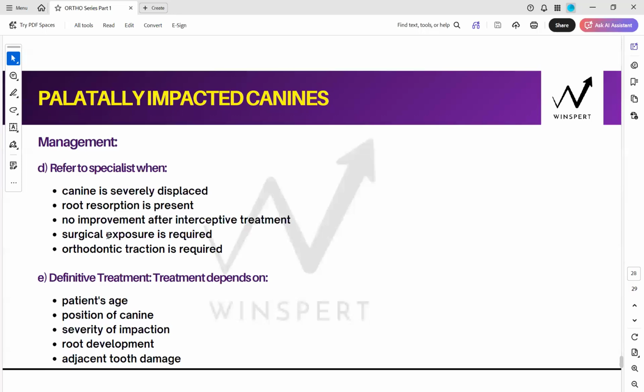So definitive treatment, whether it's surgical repositioning or orthodontic closed or open traction, will depend on the patient's age, position of the canine, how severe your impaction is, what is the status of the root development, and whether there is any adjacent tooth damage, any existing resorption of the adjacent teeth that is going on.